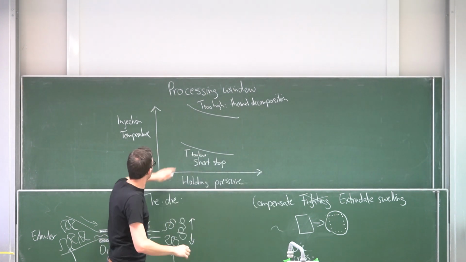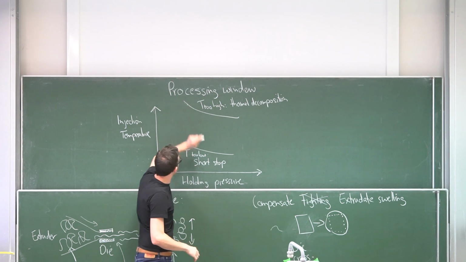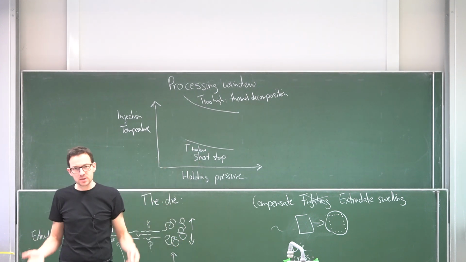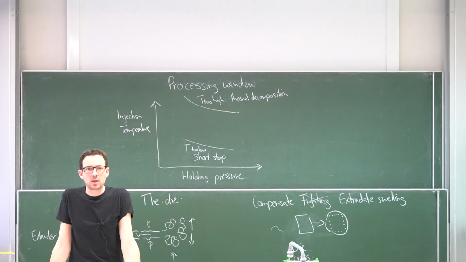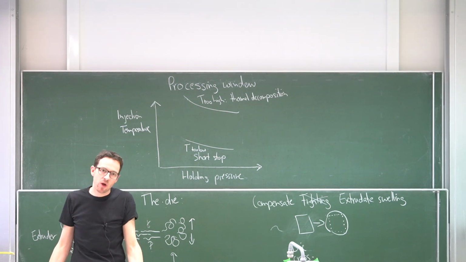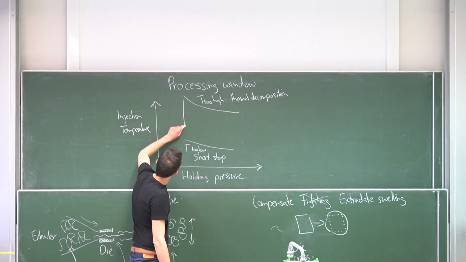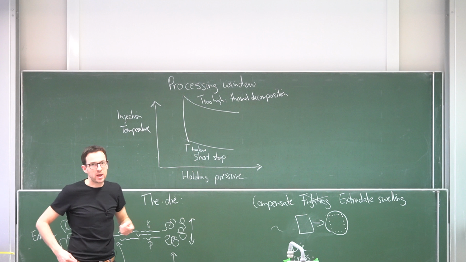Similarly, we can vary the pressure, and we already discussed that the pressure can change the shrinking behavior. So if our internal pressure is too low, then we may have too much shrinkage.